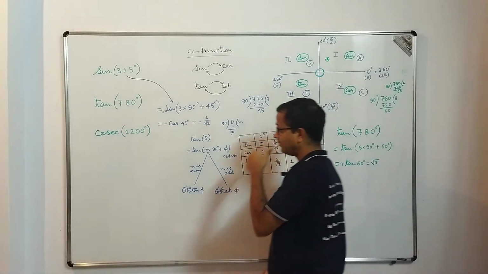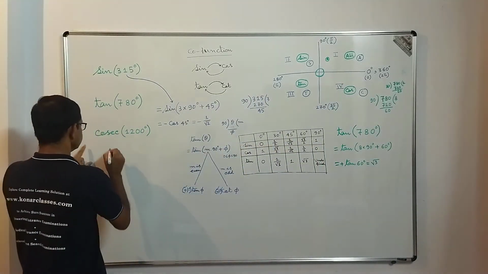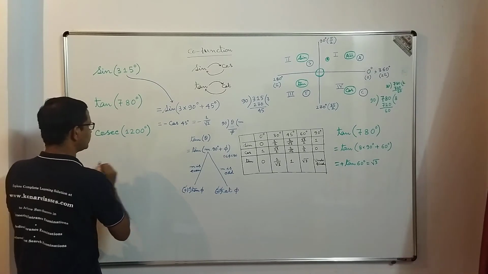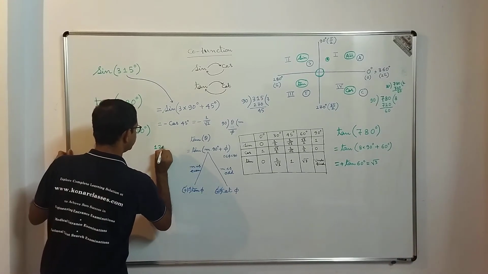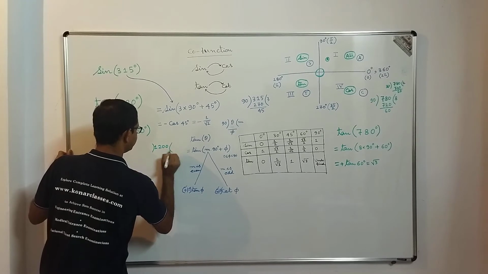Now let's find the value of cosec 1200 degrees. First we should divide 1200 by 90.